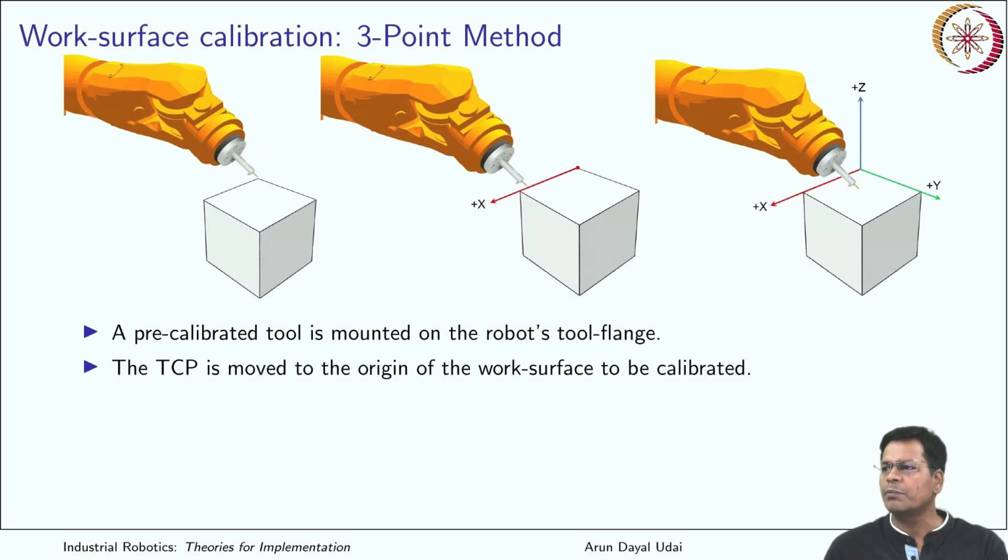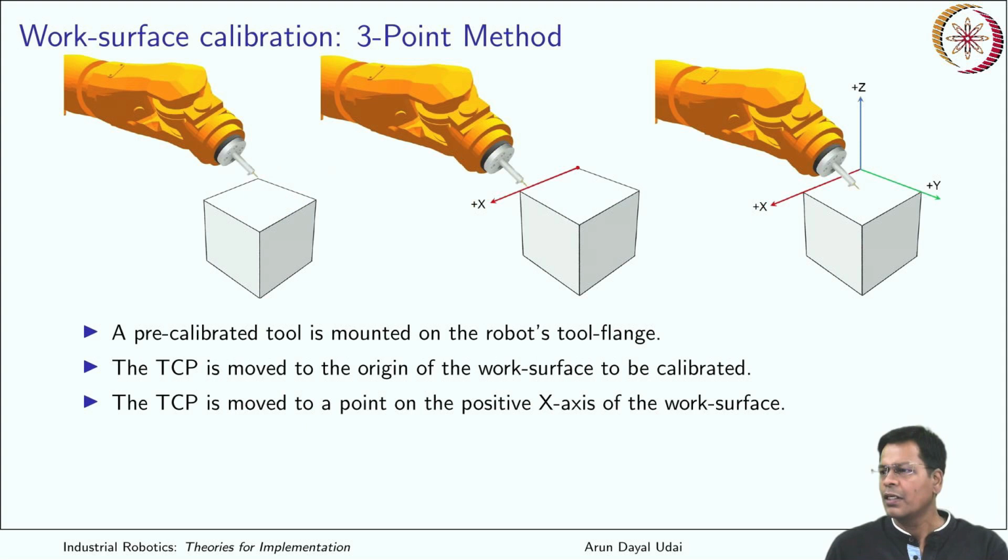So this is the first thing that you have to do. Next, the TCP is now moved to the origin of the work surface. First thing that you are going to do is you are going to place it at the origin of the work surface. So if this is your work surface, so you want to make this point as an origin, just take your TCP of the pre-calibrated tool to that particular origin.